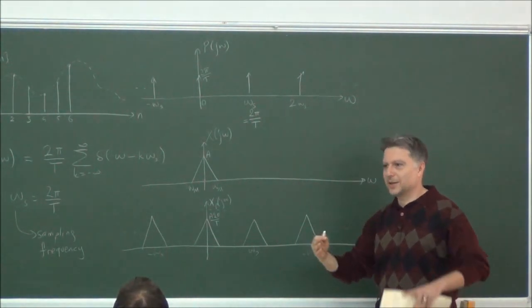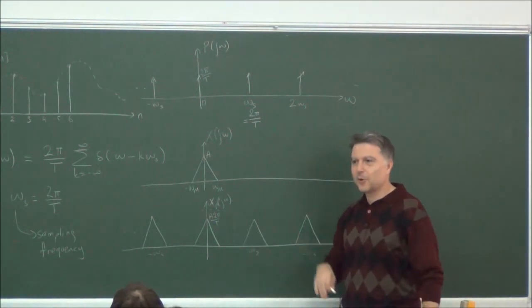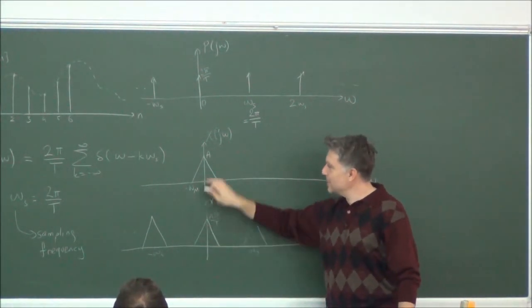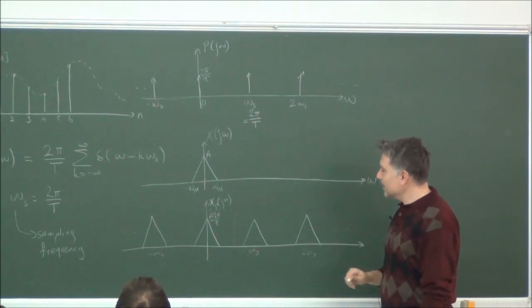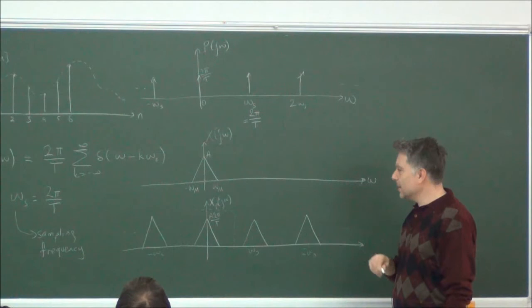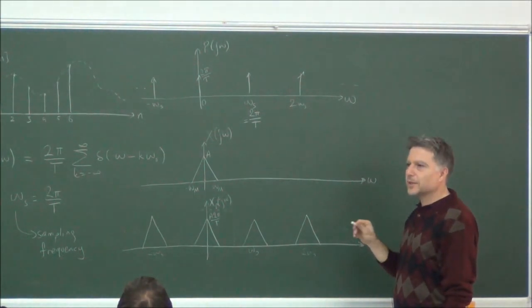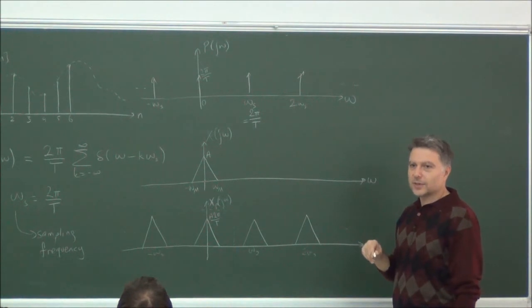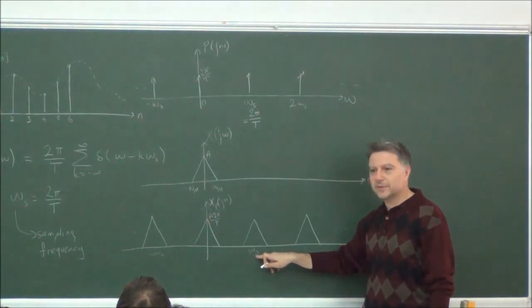Multiplication with an impulse train, that's a system. And the inverse of that system is low-pass filtering. Just low-pass filter and you get the original. But as you may already start observing, there may be cases where it's not possible to invert the system, and that is related to the choice of the sampling frequency omega s.